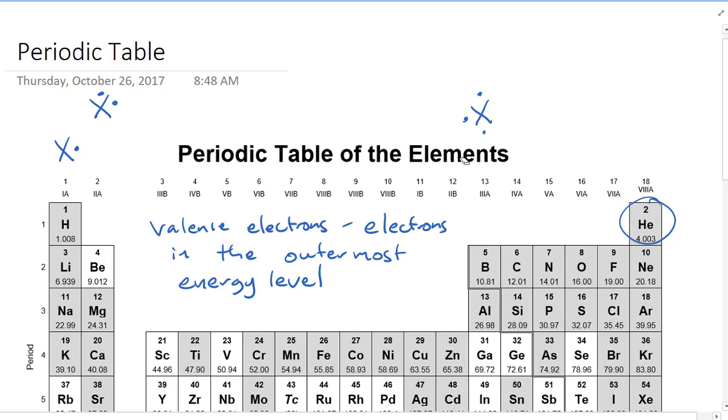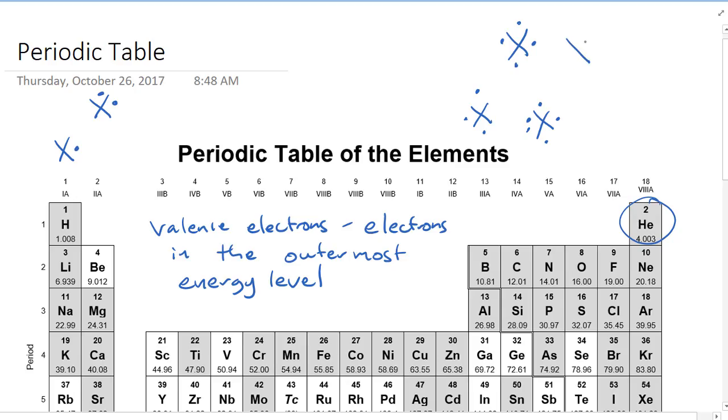So now I'm showing the open side on the right-hand side. I can put it here and show the open side on the left. And that's the same as if we put the open side on the top. As long as we place one dot on each side before we double up, we're okay. Group 4A would have 4 dots. Group 5A would have 5 dots.